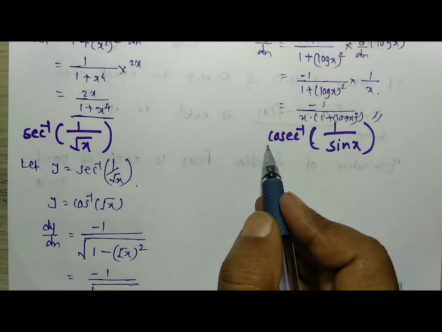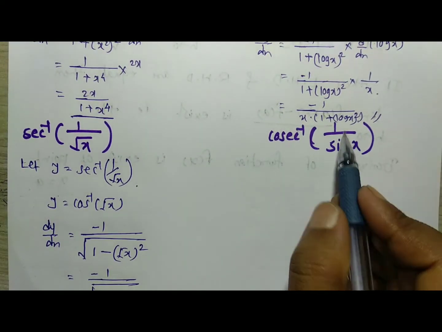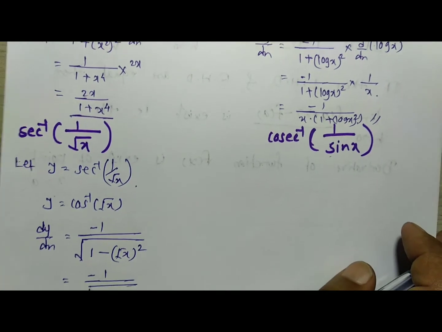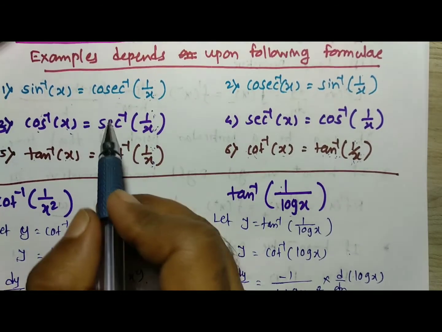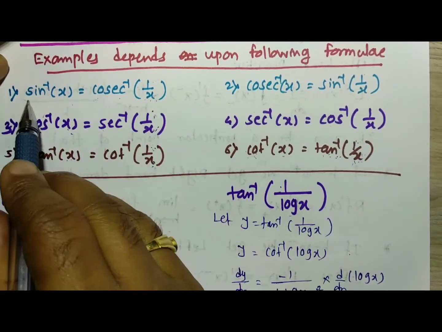Similarly, you can find the derivative of cosec inverse 1 divided by sin x. First of all, we have to know that cosec inverse 1 divided by x is nothing but sine inverse x.